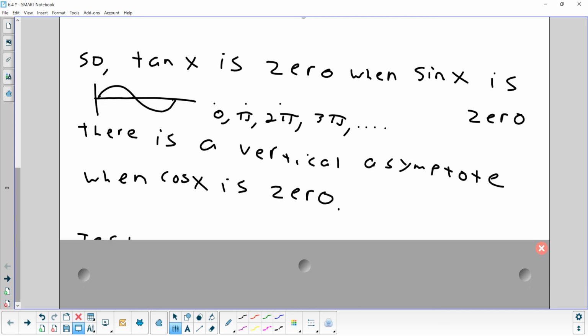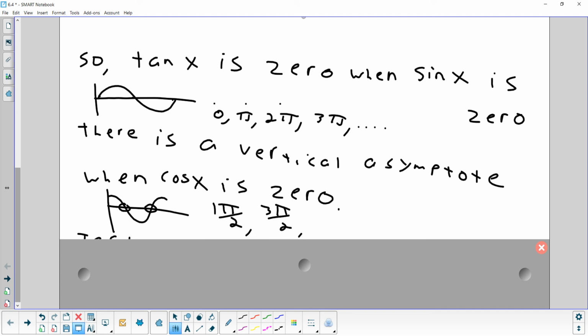Let's think about when cosine would be 0. Here's your graph of cosine. What is this value right there? It's the end of the first quarter. What angle? Pi over 2. How about that value? That's another place where the graph of cosine is 0, and that's going to be a problem for tangent. 3 pi over 2.